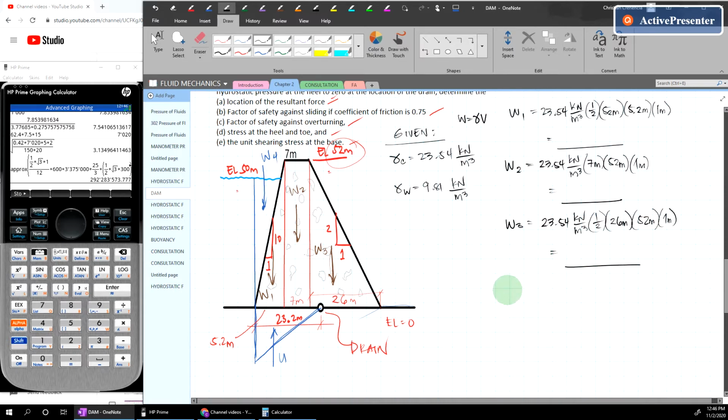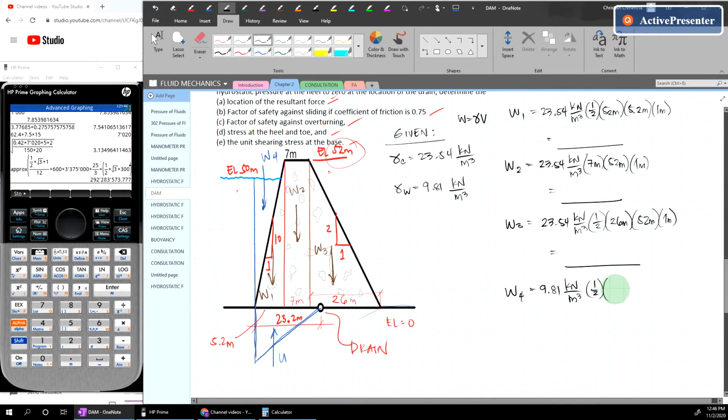Then yung weight 4, this is water na, so ang specific weight is 9.81 kilonewton per cubic meter multiplied by 1/2 since triangle yung shape natin.